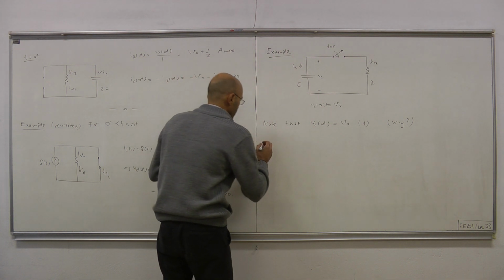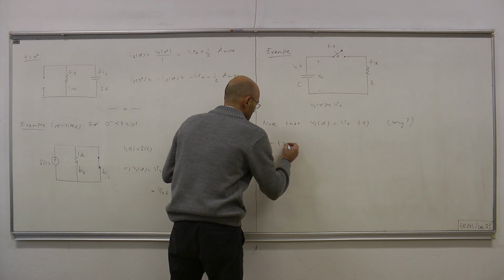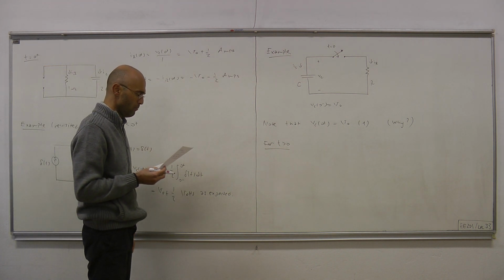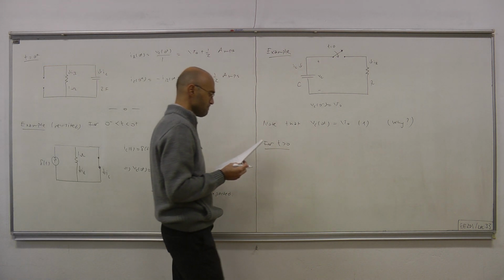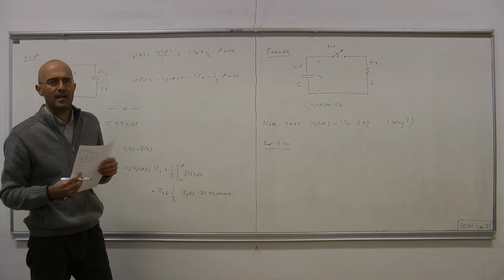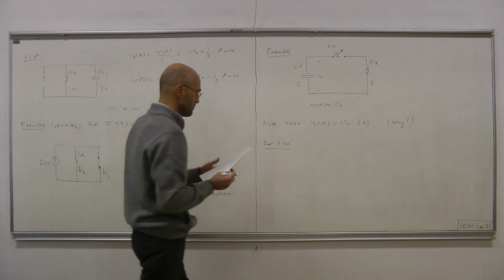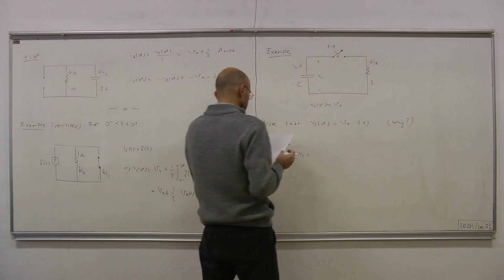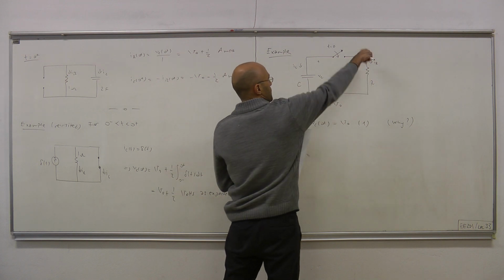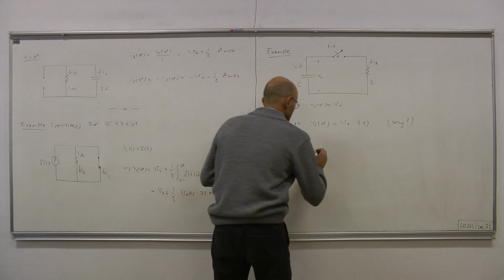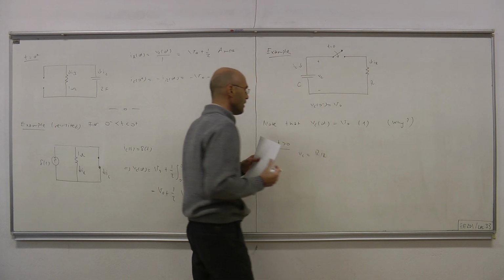And now for times after the switch is shut, for t positive, let's write down things that we can using KCL, KVL, and terminal equations. First of all, v_C equals v_R, because the direction of the current is given as such, and that equals R times i_R.